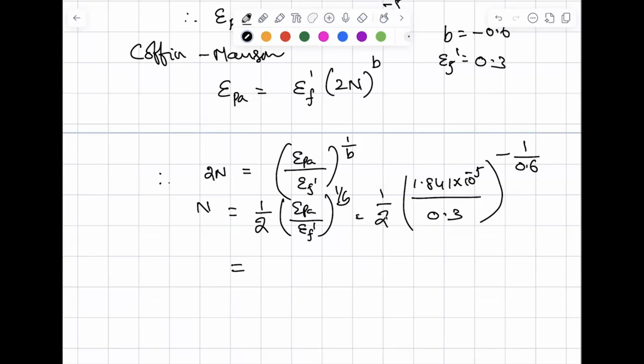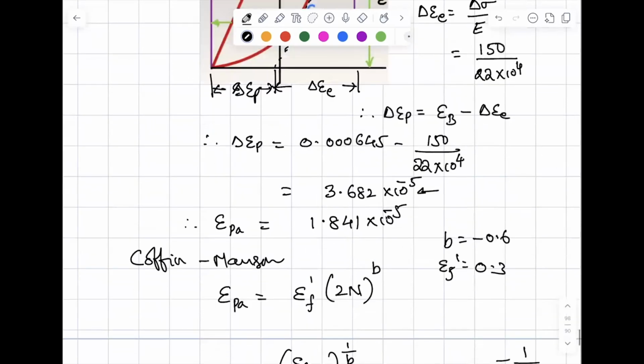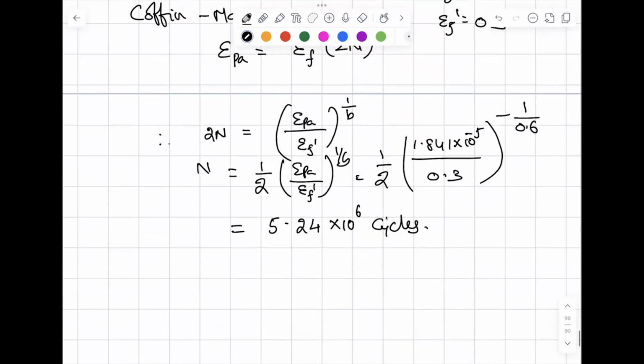Sorry, how much? 5.24 into 10 power 6. Same only, sir. That's what you told earlier, no? Yes, sir, correct. So this is the number of cycles to failure.